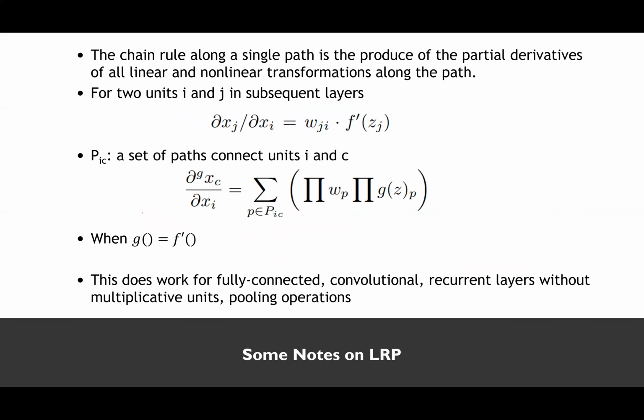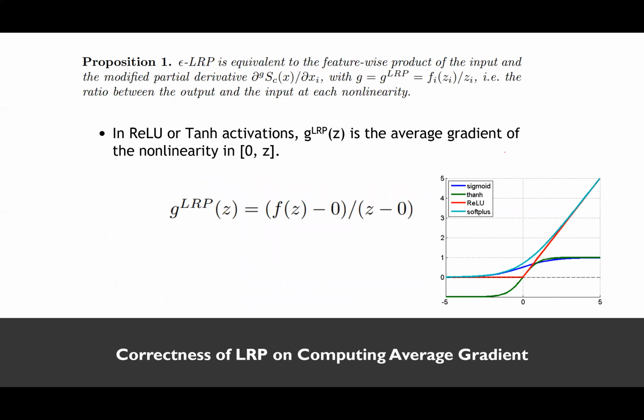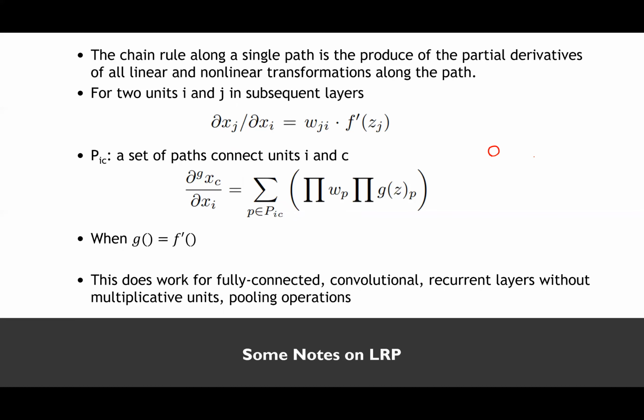With this chain rule, a single path produces the partial derivative, whether the model is nonlinear or linear, and so on. If we have two units, i and j, in subsequent layers, x_i and x_j, connected by w_ji, this will eventually have f(g_j).